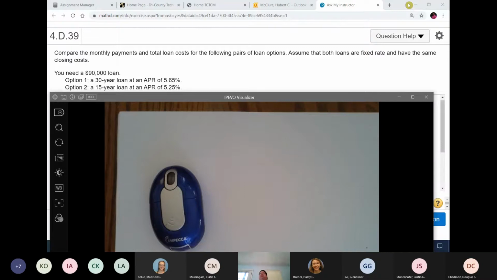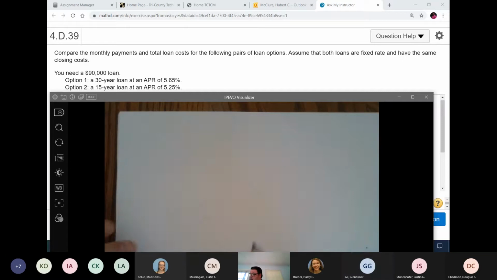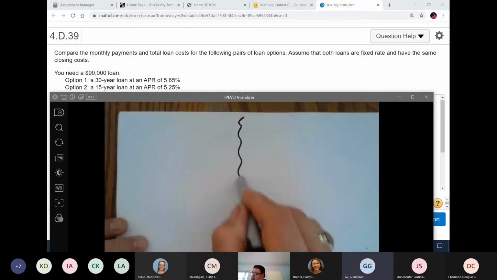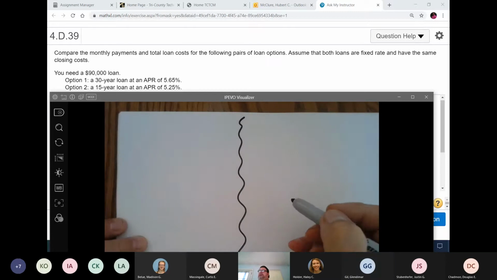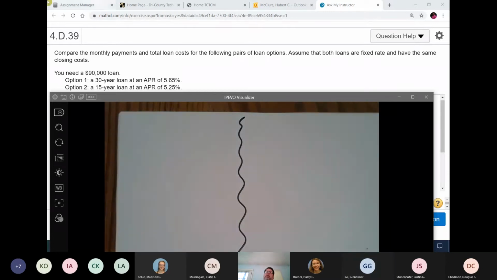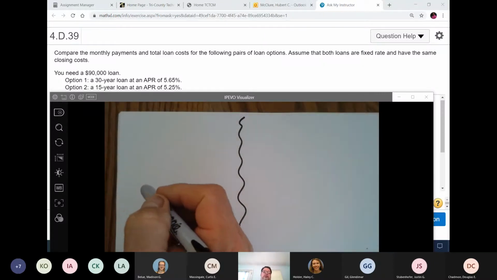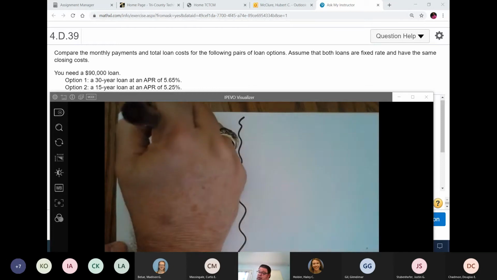Or was it a car payment like 3 years and 6 years? Anybody remember? Say again? You did the car payment. Okay, I did a car payment with 3 years and 6 years probably. And of course, it's better to make a bigger payment if you can, because you don't pay as much interest. But both are a $90,000 loan.